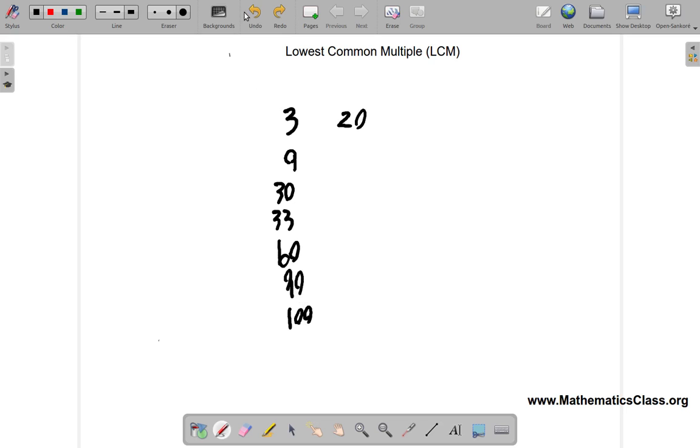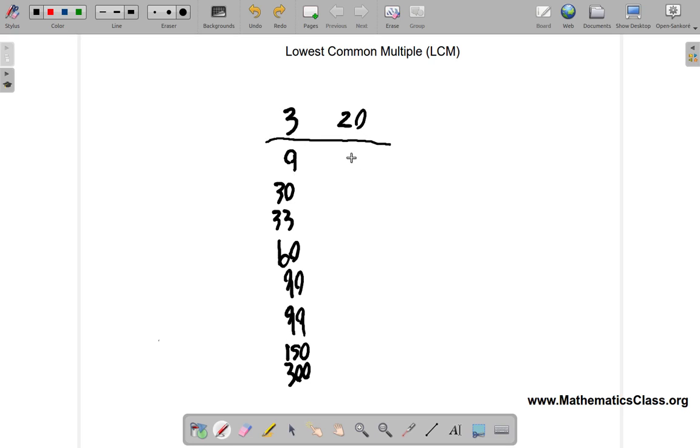No, not 100. I could have put 103. No. 99. Nice. 99 is a multiple of 3. You have 150. Right? 3 can go into that. What other multiples of 3 you have? 300, and so on and so forth. So these are some multiples of 3.